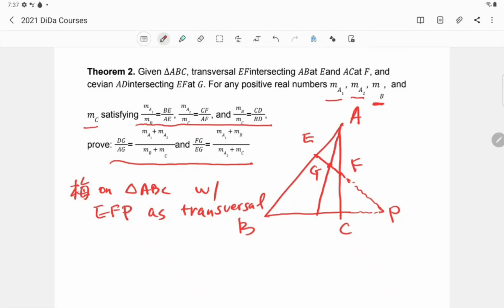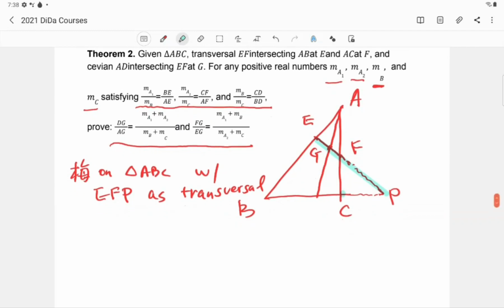I'm trying to tell you the ideas behind Menelaus. The idea is very simple: a triangle with a transversal, and then you walk around the triangle in a fixed order, vertex to intermediate point, intermediate point to vertex, take the ratios, and multiply them together to get 1.